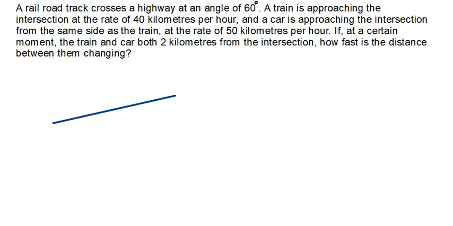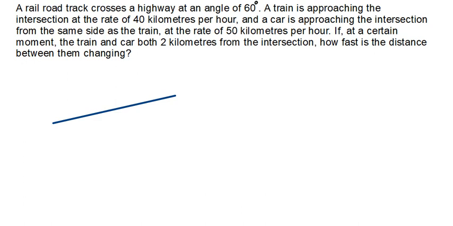Of course, we can make it like that. It doesn't really matter as long as we just follow what the question is saying in terms of the information that we have been given. Then we have also been told that this is the rail track here, and it crosses the highway at an angle of 60 degrees.